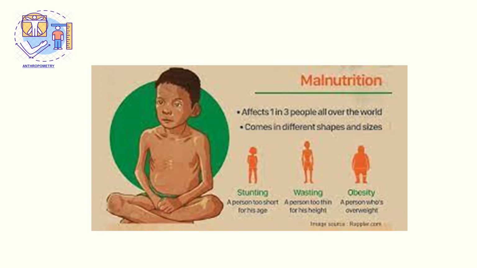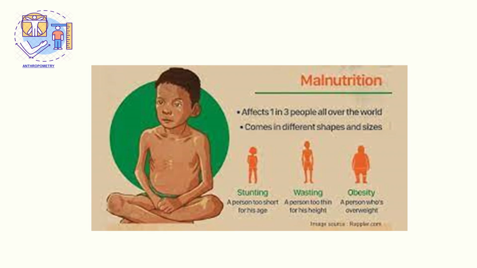A person too short for their age is termed stunted, and a person who is too thin for their height is called wasted, because muscles get wasted.